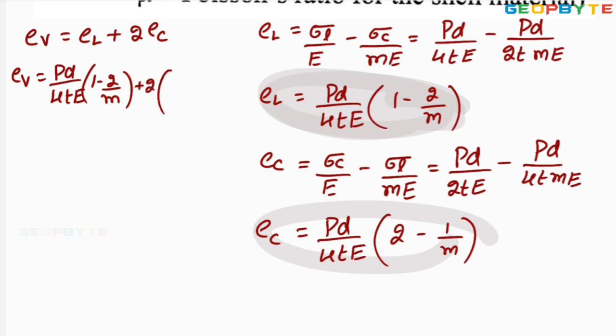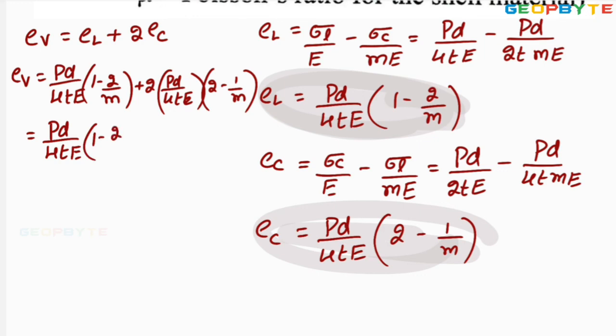EC is equal to PD by 4TE into 2 minus 1 by m. So from the whole, write the PD by 4TE outside into 1 minus 2 by m plus 2 into 2 minus 1 by m.